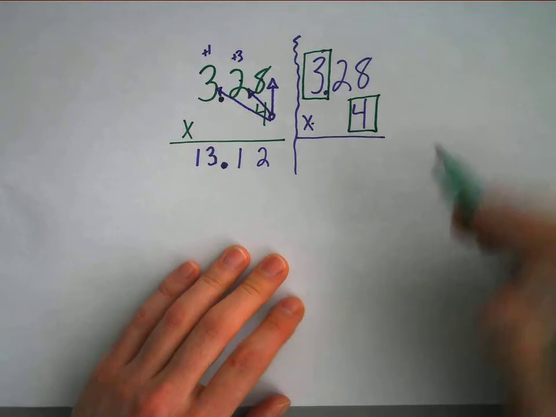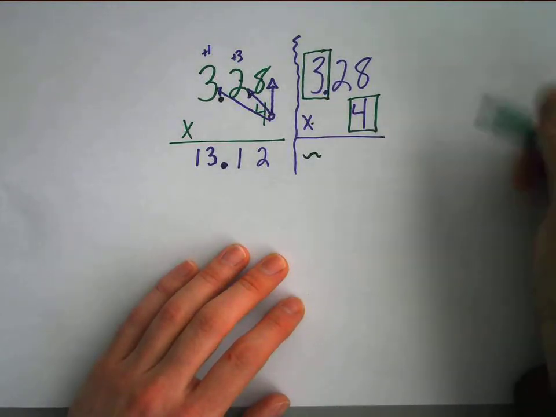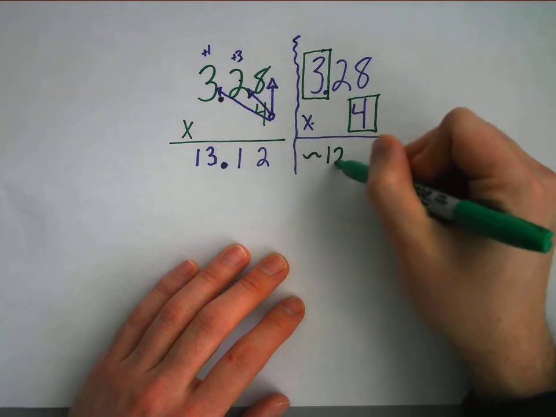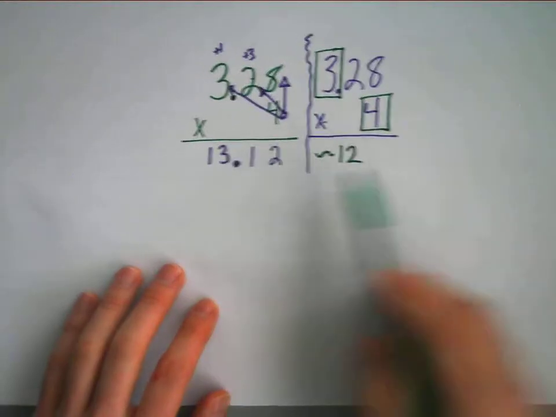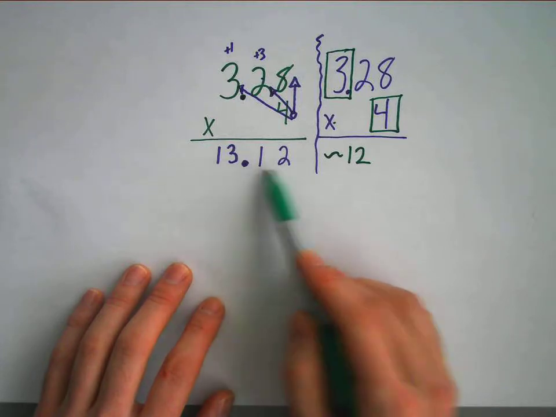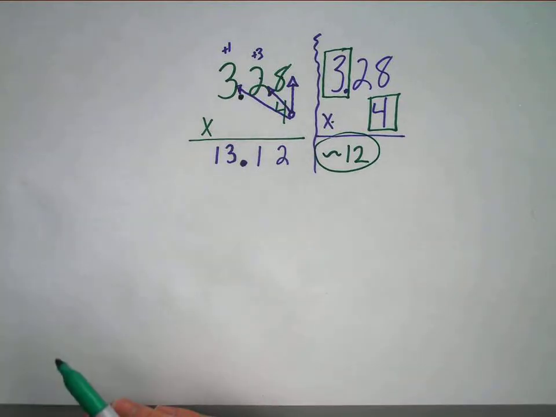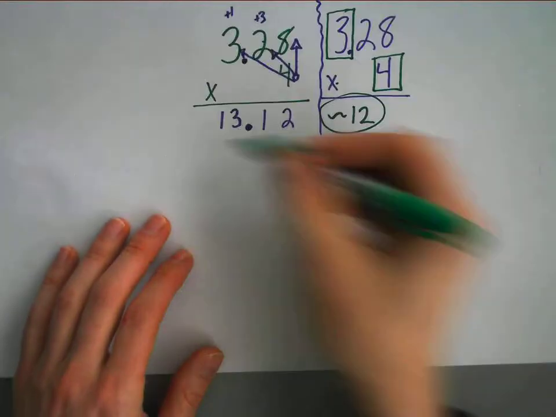So this answer should be around, I'm going to put this little squiggly mark, that means approximate, this answer should be around 12. And if you look at our actual answer, this is just 13.12. So 13 and a little bit. So we're pretty close to our estimate. It was going to be somewhere around 12. Any questions with that?